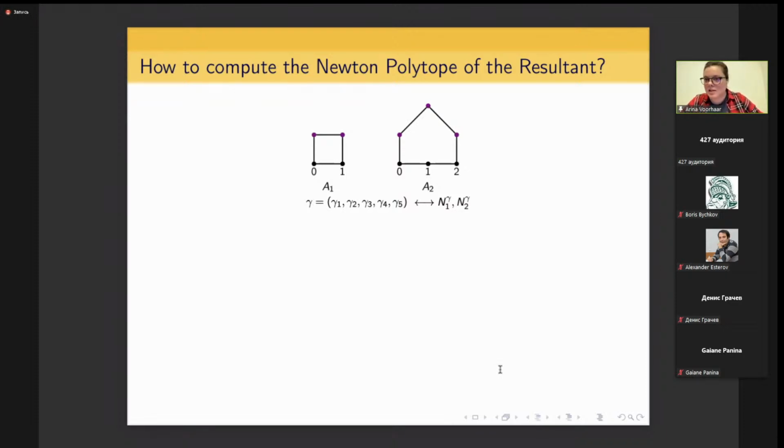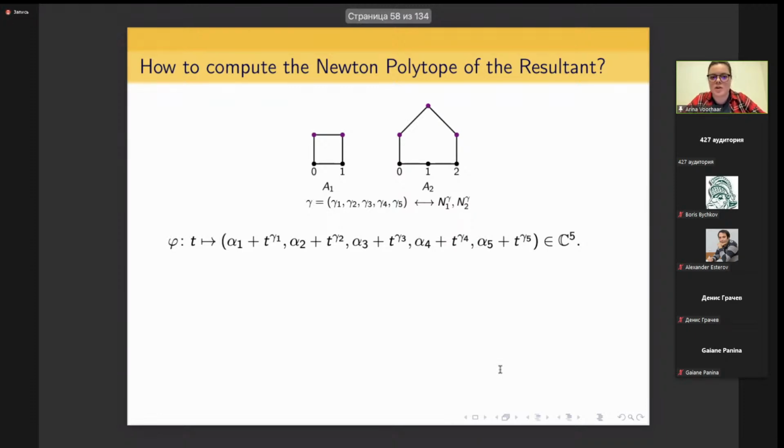If that's the case, you can consider a curve parameterized by a complex parameter t, where each of the components is of the form some complex number times t to the power of the height of the corresponding stick, the corresponding coordinate of your covector.